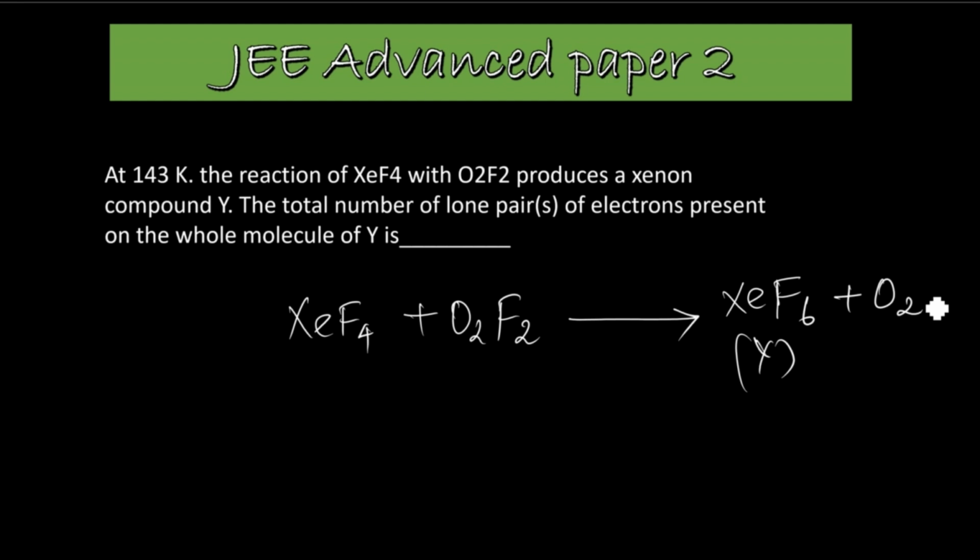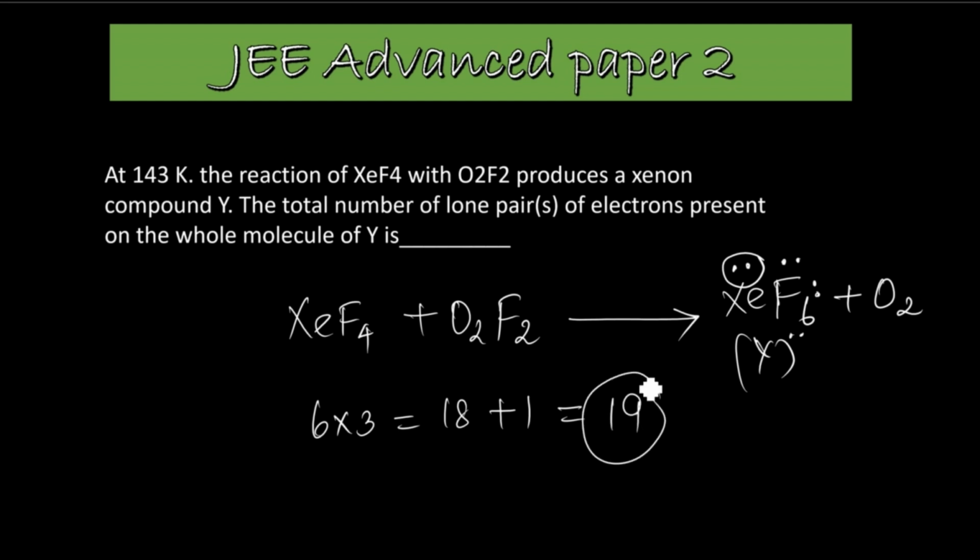But the question asks for the total number of lone pairs of electrons present in the whole molecule. You can see xenon is having a lone pair, right? And then fluorine will have 3 lone pairs for each of these fluorines. So 6 into 3, which is 18, plus 1 xenon lone pair, total 19 lone pairs are there.